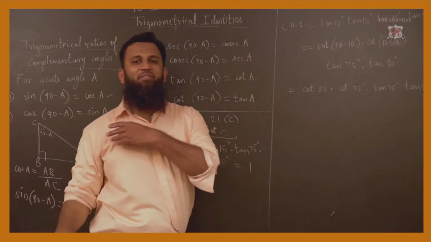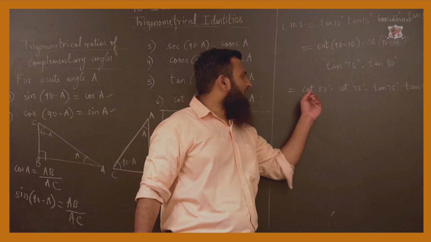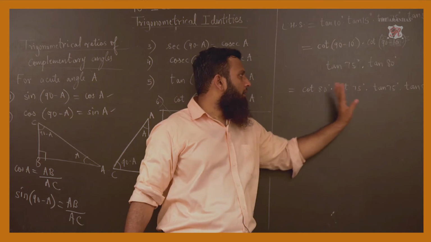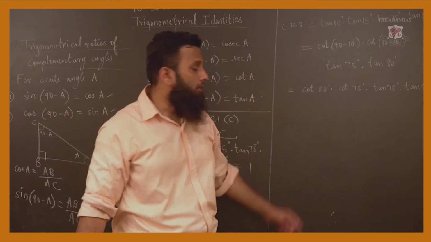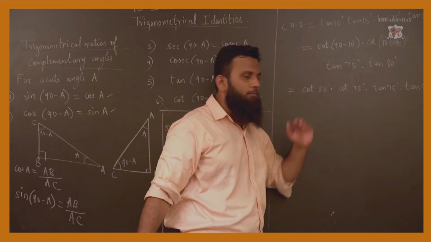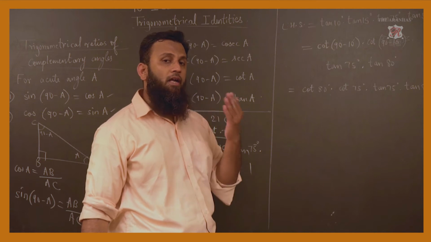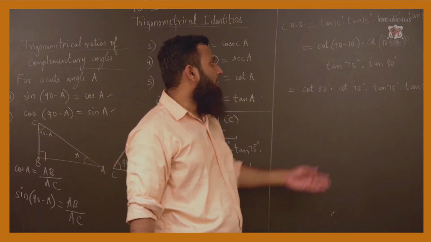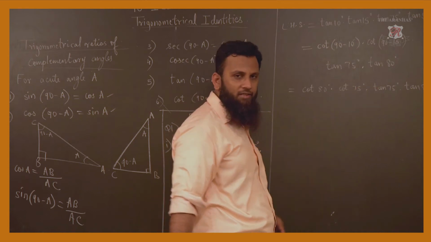Now the problem becomes very easy. I am using these formulas. Select either cot or tan, don't adjust for both simultaneously. Suppose if I select cot terms, can I write cot 80 as reciprocal of tan 80 and cot 75 as reciprocal of tan 75.